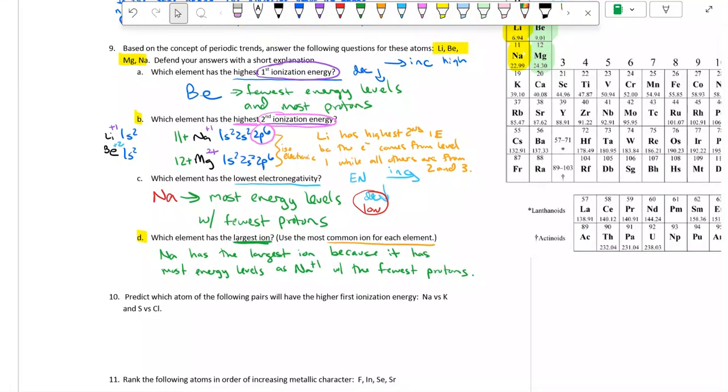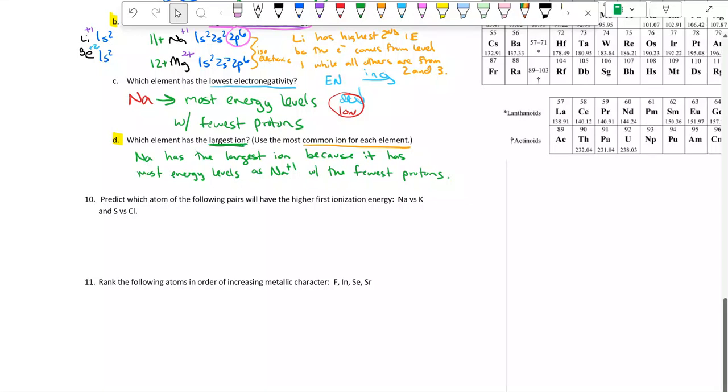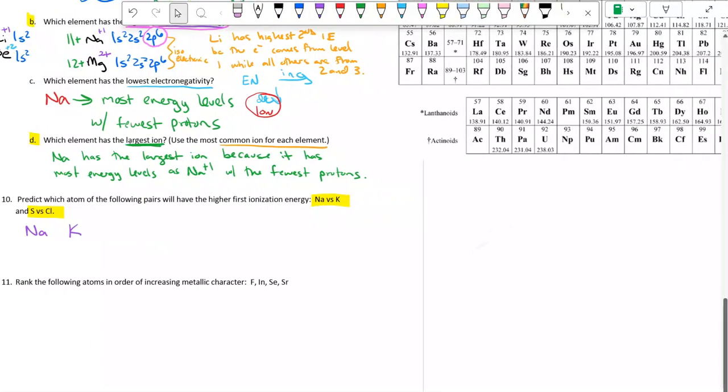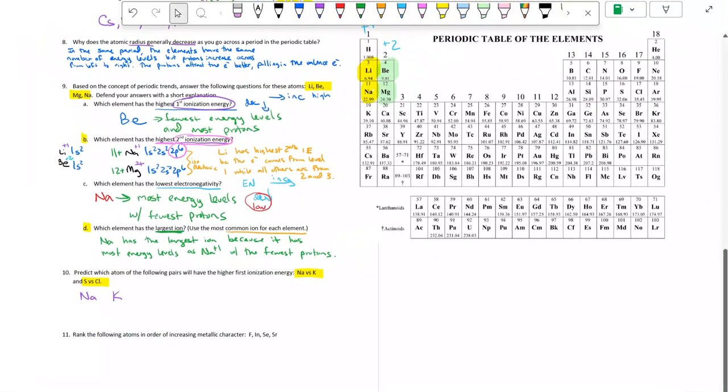Okay. All right, number 10 here, this one's kind of worded weird, and there is going to be one worded like this, so I want to make sure you understood it. It said, predict which atom of the following pairs will have the higher first ionization energy, sodium versus potassium, and sulfur versus chlorine. So if I asked you Na versus K, which one's going to have the higher first ionization energy? Remember, ionization energy increases across and decreases down.